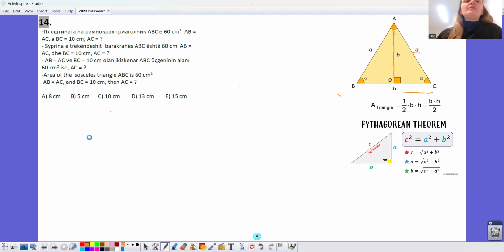So here, in our question, these two sides are given as equal, and it's given that BC is 10 centimeters.